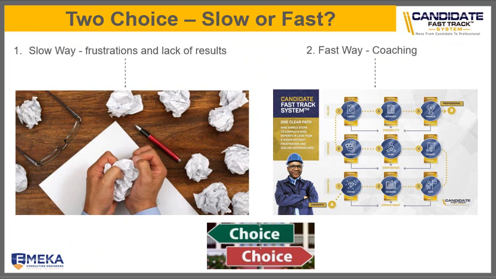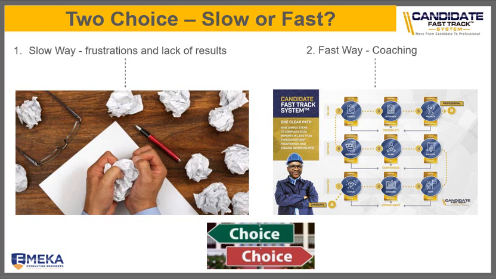It saves time. So you've got a choice. Either you can do it slowly, or you can come to us and we can help you to fast track. Hence, we call the program Candidate Fast Track, because when you have a mentor and a system, you are likely to fast track your success and achieve your goal.